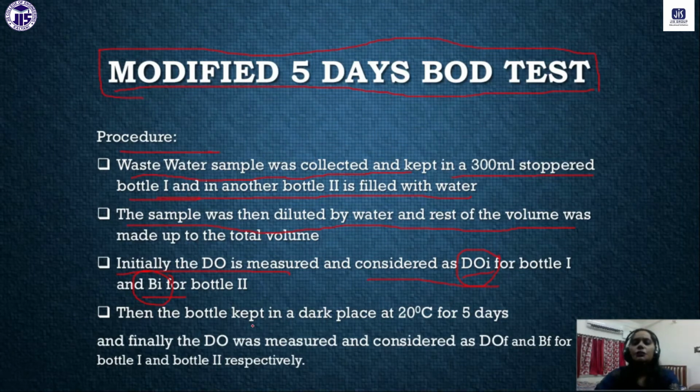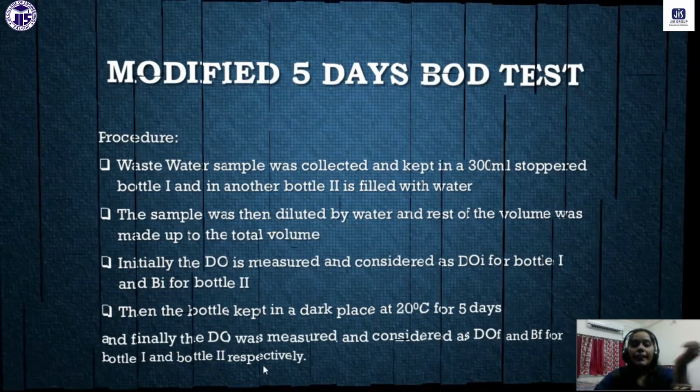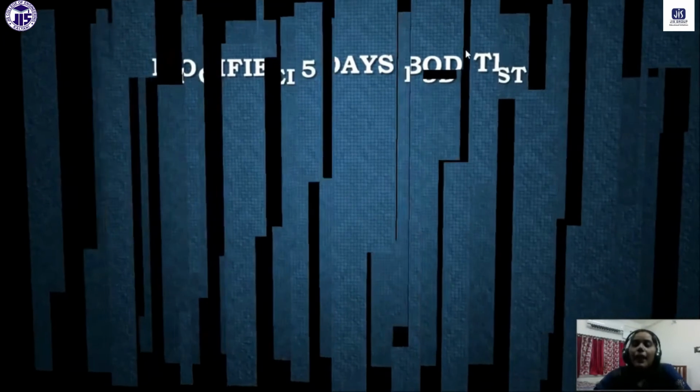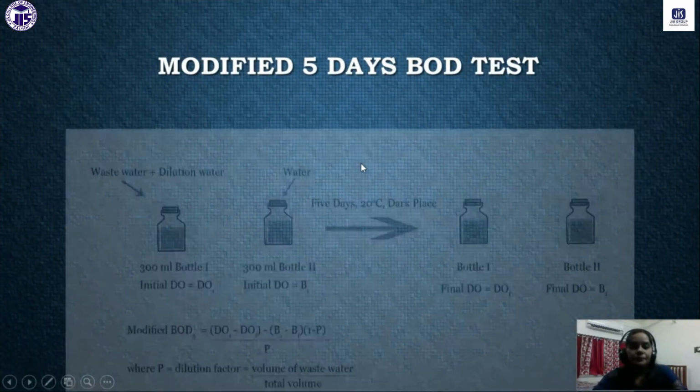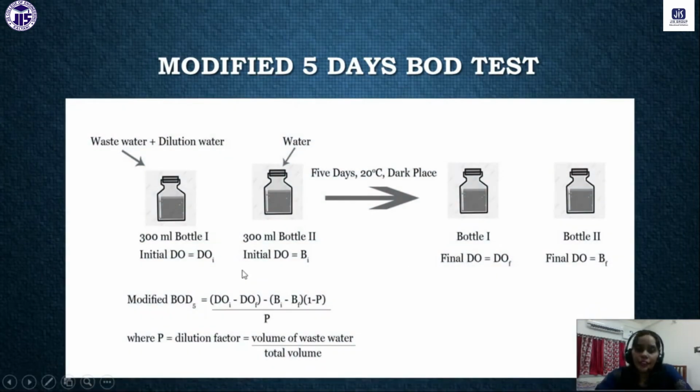The same procedure we follow, and after the 5 days we finally measure the amount of dissolved oxygen, which is considered as DOF for bottle 1 and BF for bottle 2. Yes, look at the screen here.